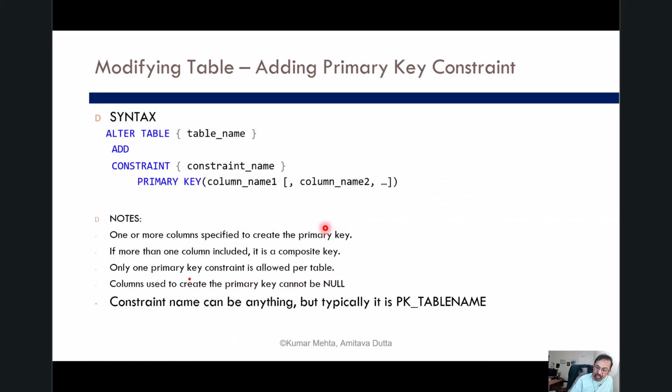Okay. So here is another type of constraint that one can add, and this is where you specify a column or a combination of columns to be the primary key. Here's the syntax.